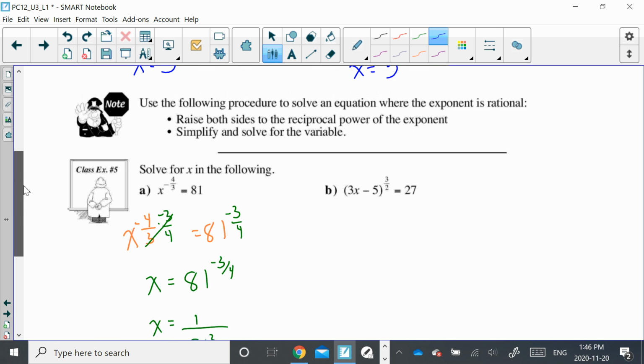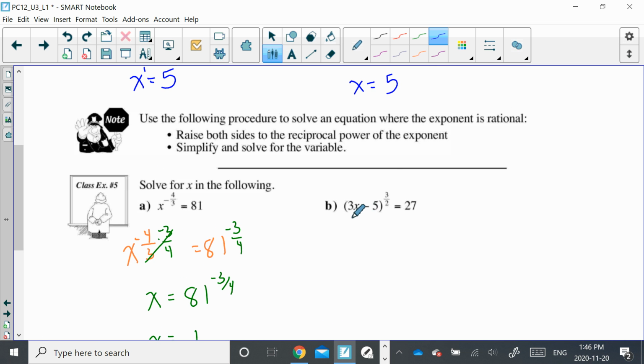Let's do the exact same method over here. So we need to solve for x. We need to isolate this x. Before we could say, oh, I'm going to add 5 to both sides of the equation, we have to get rid of this exponent. So how you would get rid of a 3/2 is multiply this side by 2/3 and multiply this side by 2/3.